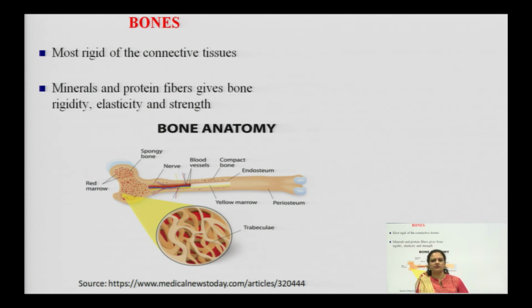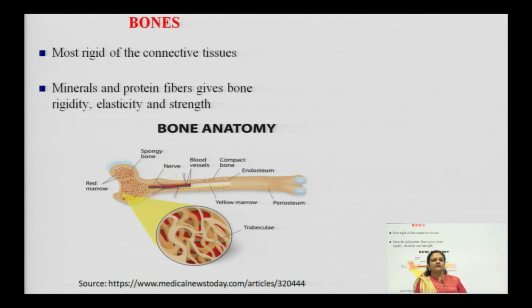Blastic means, students, the cells which are able to regenerate and form new bone cells. Osteoclastic cells, clast means cleavage. If there is overgrowth or overgeneration of any bone, then the osteoclastic cells get activated and start their cleavage function.